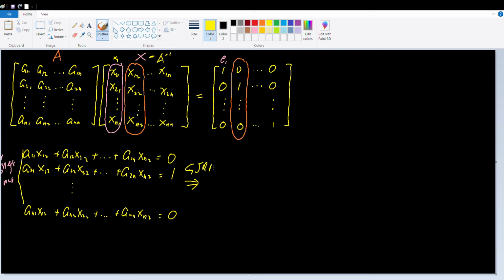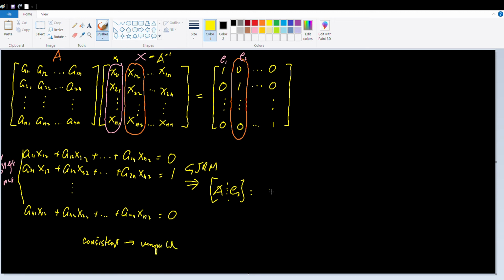And to solve for this system, we will once again apply Gauss-Jordan reduction method, where we have the coefficient matrix A appended by the second column of the identity matrix, which we are now calling as E2. Again, if this system of n equations is consistent, that means that there will be a unique solution.